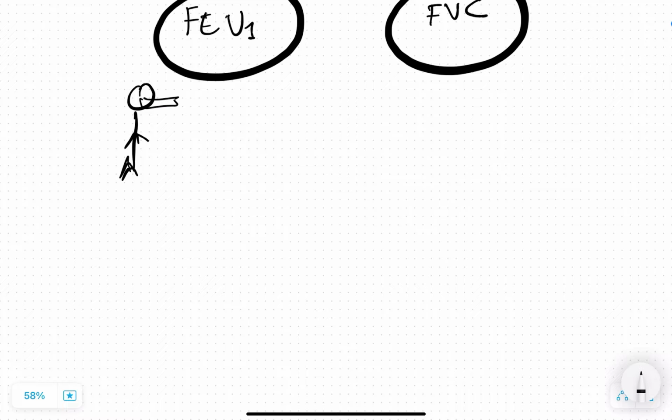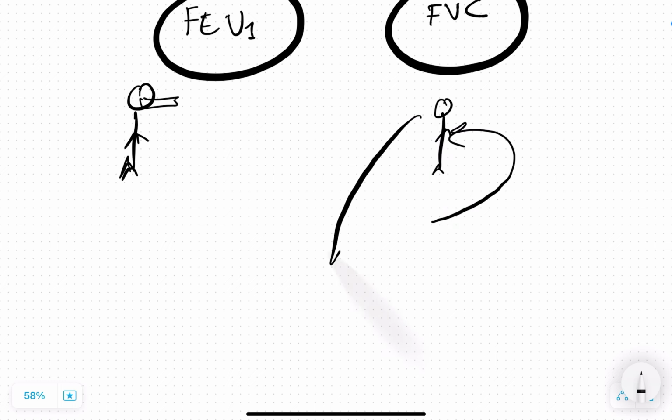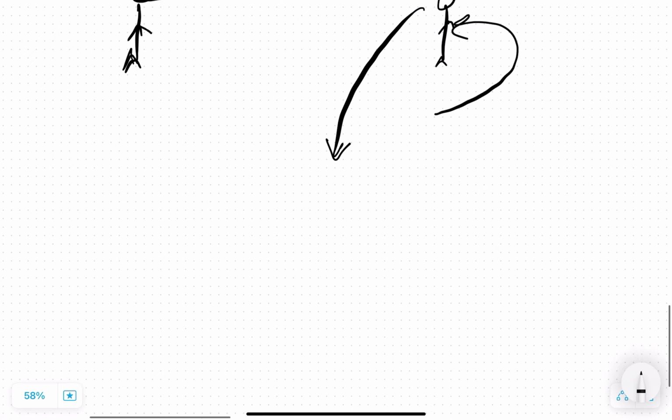Now, what is FVC? The patient makes a deep breath, the deepest possible breath, and then forcefully exhales that breath. Like this is the patient, and the patient takes the breath in, and then exhales in a full forceful expiration. Now, what would happen in the graph of the spirometry?